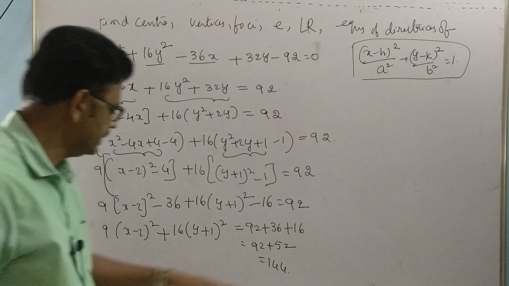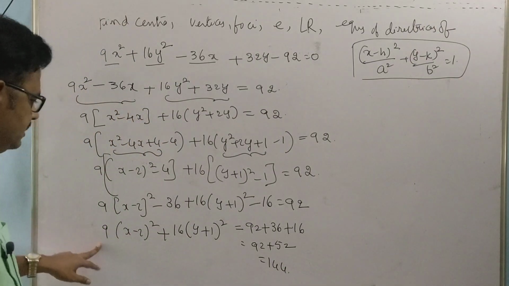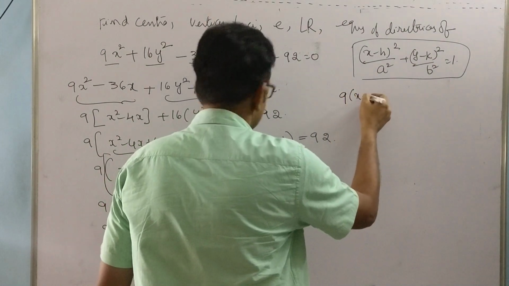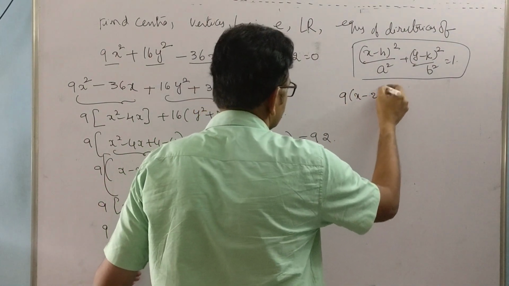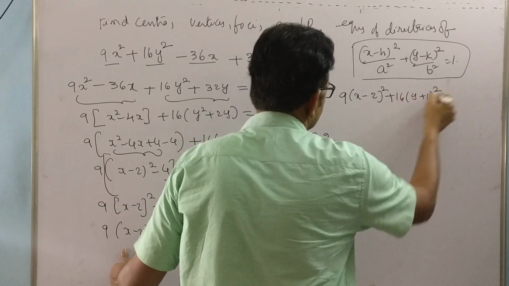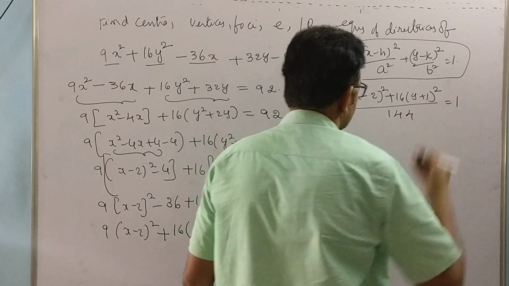Dividing both sides by 144, we get 9(x - 2)² + 16(y + 1)² over 144 equal to 1.